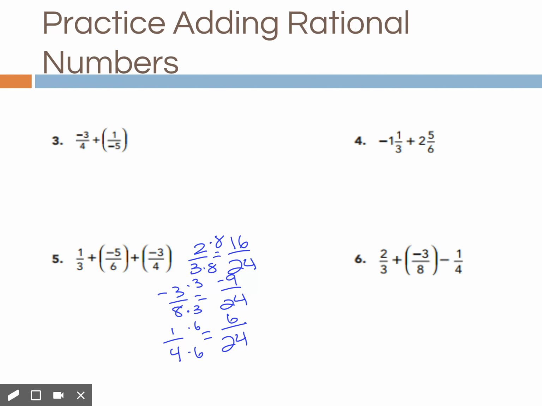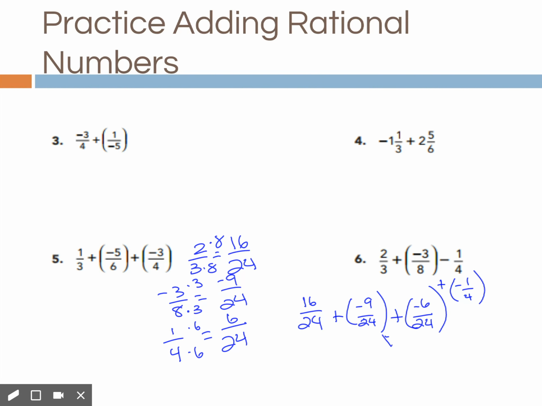So don't forget here that when we do subtraction, we actually want to add the opposite. So we're going to add the negative 1/4 in this case, or what we transferred to negative 6/24. So now we have 16/24 plus negative 9/24 plus a negative 6/24.